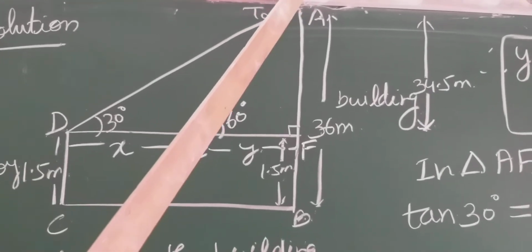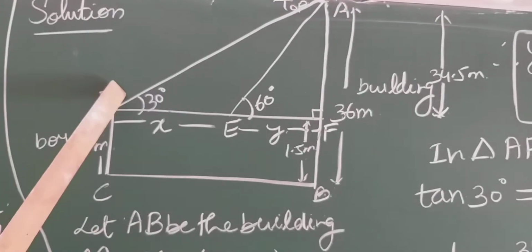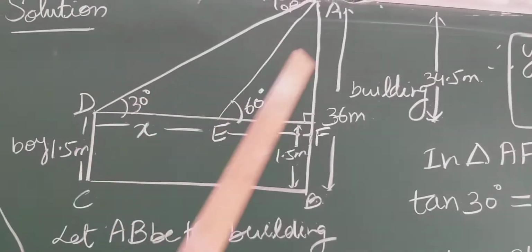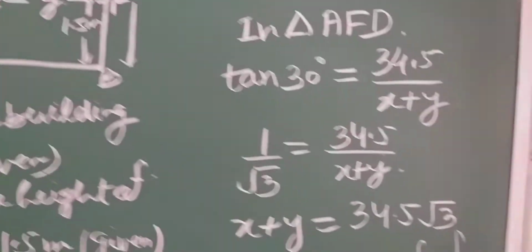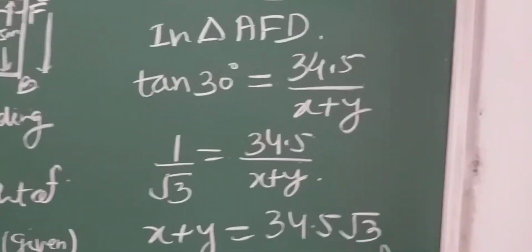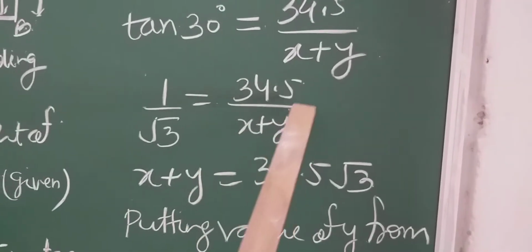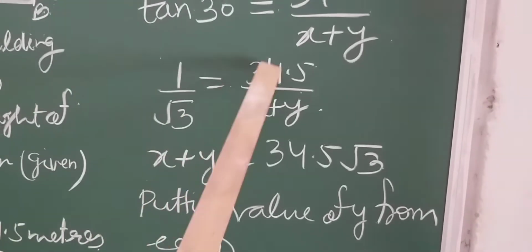So in triangle AFD, tan theta equals perpendicular upon base, tan 30 degree equals 34.5 upon X plus Y. Okay students, tan 30 value is 1 upon root 3 equals 34.5 upon X plus Y. So X plus Y equals 34.5 root 3.